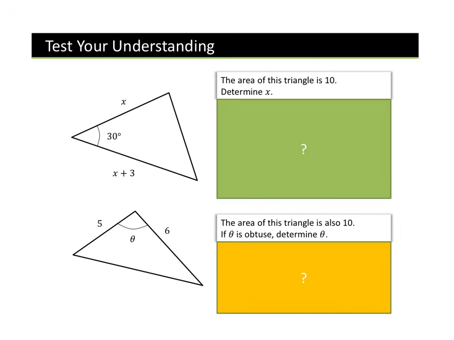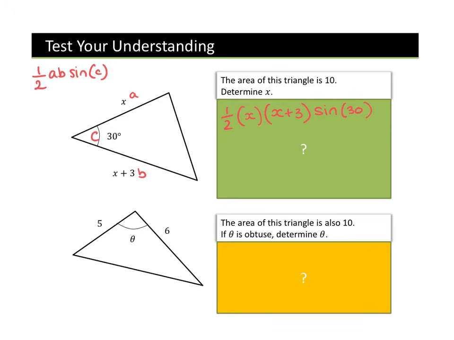Off you go. Okay, so for the first one, we know our angle is 30 and our a and b are here. I always like to label everything so I know what's going where. So I'm going to half lots of a, which is x, lots of b, which is x plus 3, lots of sine 30.